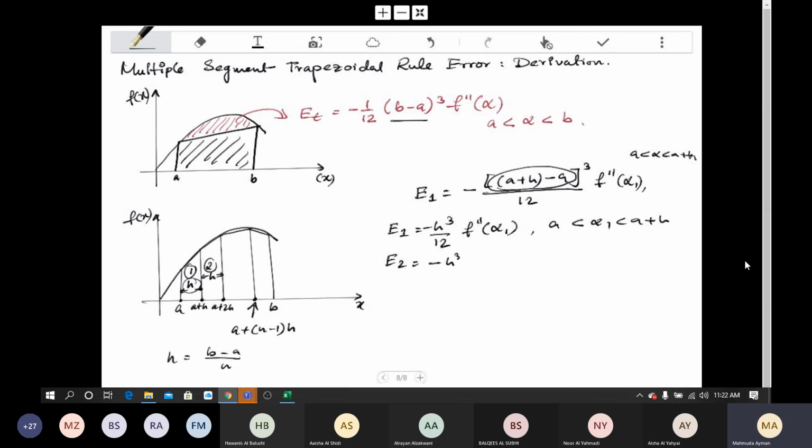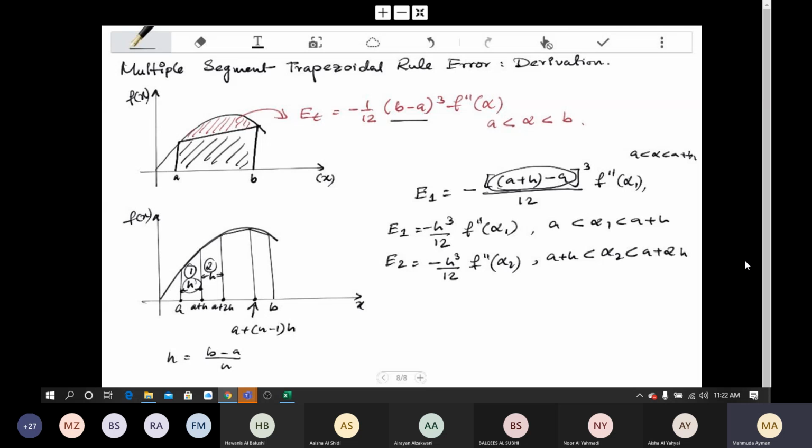So we have h cubed divided by 12, times the second derivative at alpha 2. So alpha 2 lies between a plus h and a plus 2h.